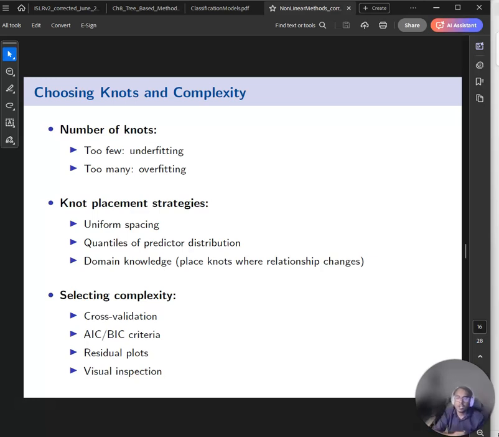To select the right complexity of our spline model, there are several tools at our disposal. We can use cross-validation. It helps us find the model that will generalize best to new data. Information criteria like AIC or BIC can also guide our selection by balancing goodness of fit with model complexity.